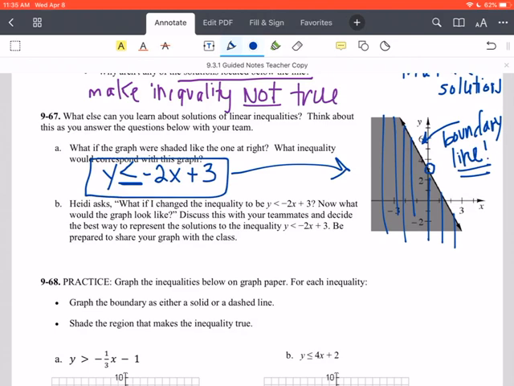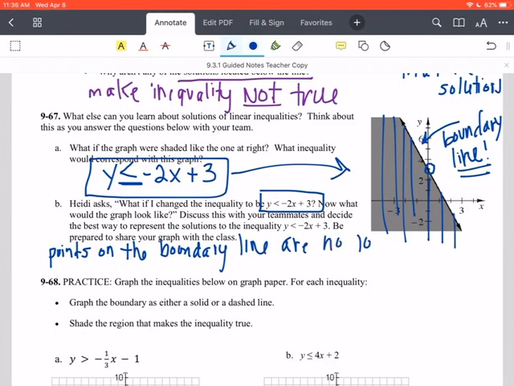So now the final big idea is, what if I change the inequality to just saying y is less than negative 2x plus 3? Okay, I'm still going to shade below the line, but now when we take away the or equal to, the points on the boundary line are no longer solutions because we don't have the or equal to.